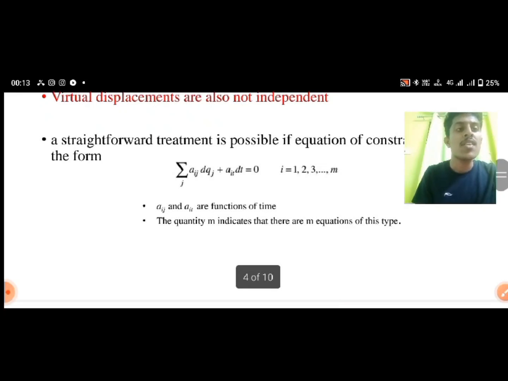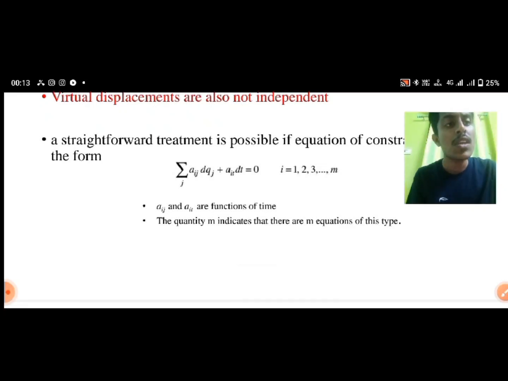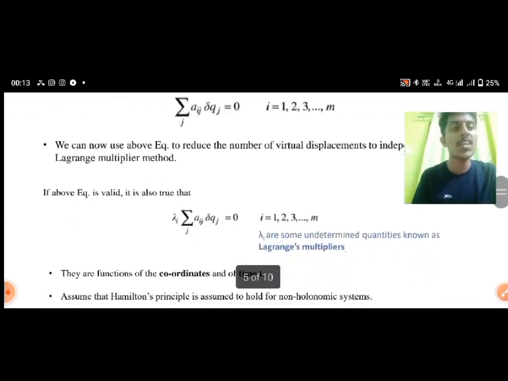Here i equals 1, 2, 3 up to M, where M indicates M constraint equations. For the virtual displacement, the constraint equation is summation of aij delta qj equal to 0.